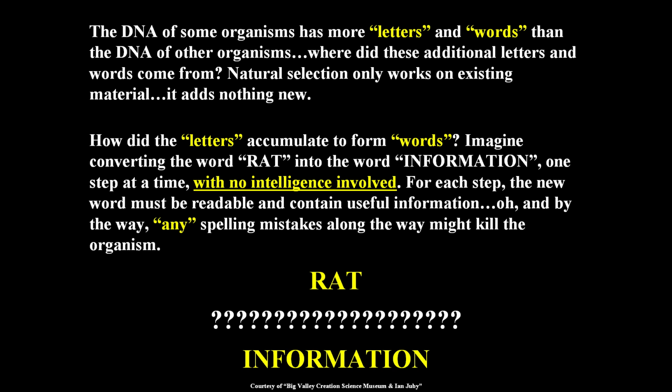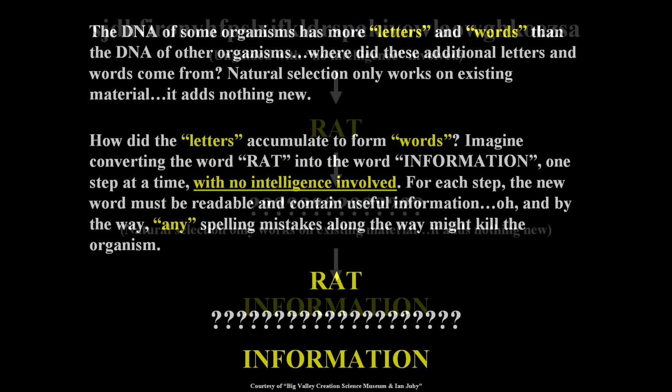Imagine converting the word rat into another word, one step at a time, with no intelligence involved. For each step, the new word must be readable and contain useful information. And, by the way, any spelling mistakes along the way might kill the organism. So natural selection is not going to add anything useful to the organism.